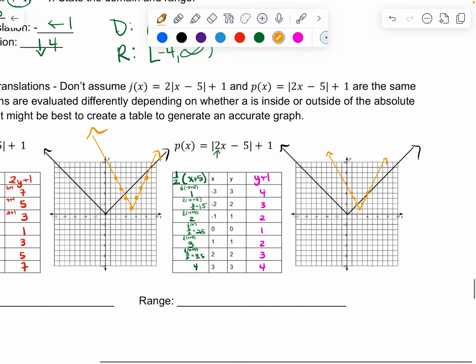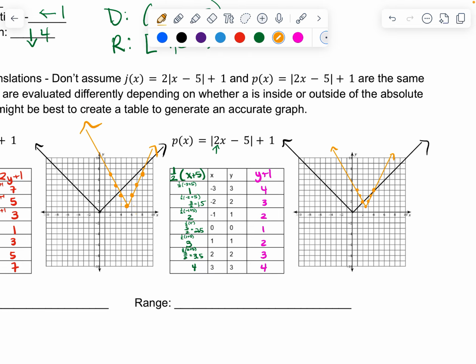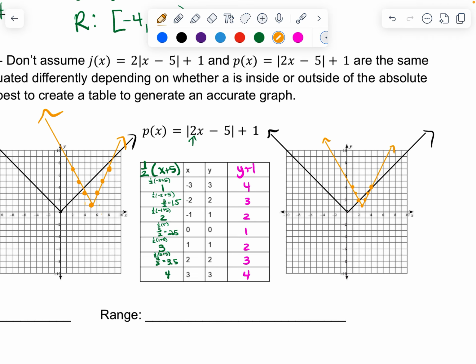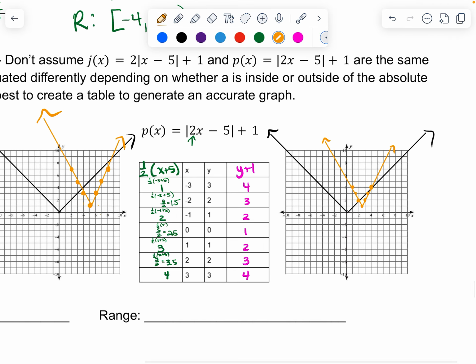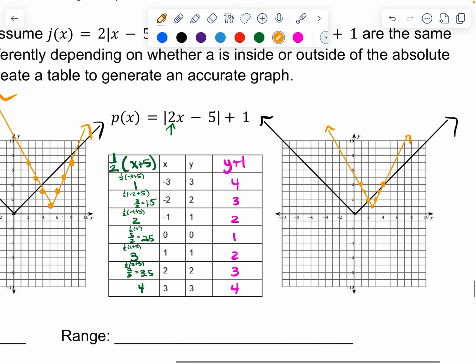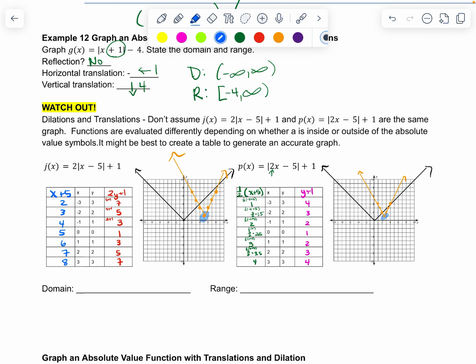Now, do they look the same? Well, they kind of look the same, but just look at the vertex point. The vertex point here is not the vertex point here. So they are not exactly the same.